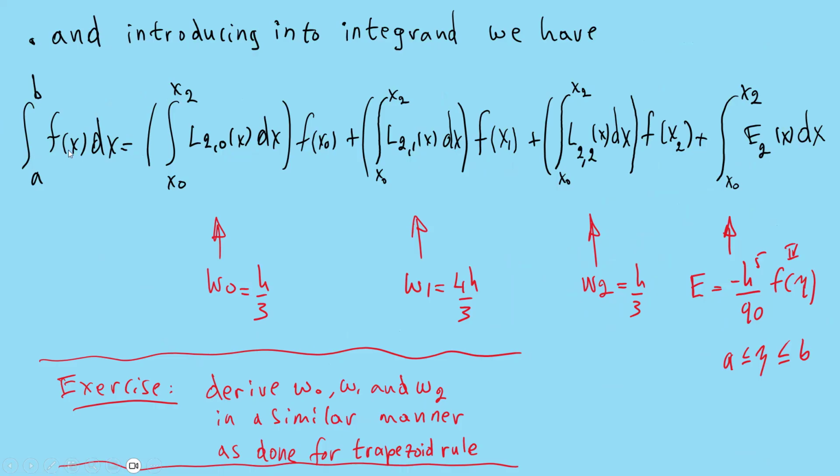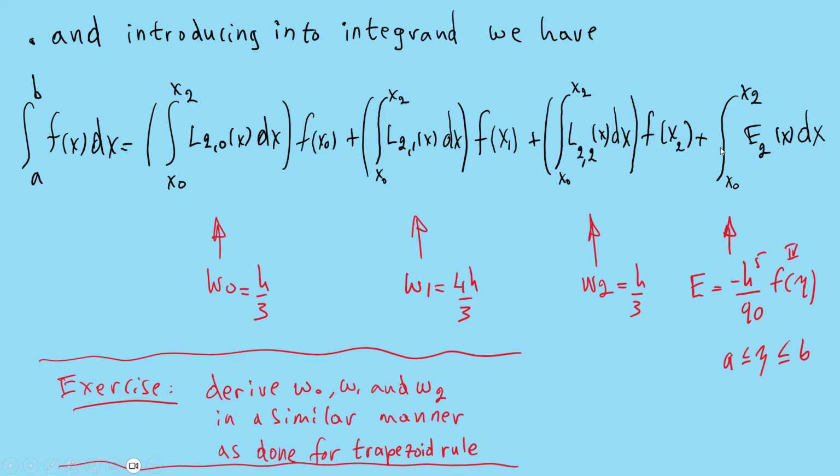And we can find the answer of these integrals based on this equation. We have to evaluate the function at x0 times 1/3 of h, plus evaluate the function at x1 times this weight, plus the value of the function at point b times this weight.